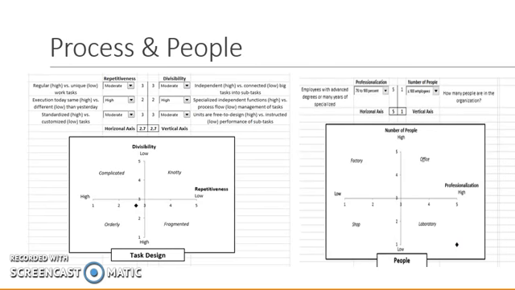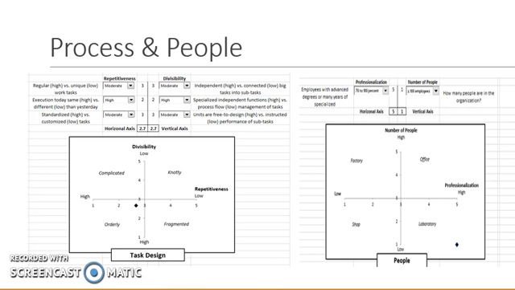Process and people, this is where I was talking about task design and people earlier. Here we are all doing relatively good. All of the points here line up with what we do within our organization. Nothing was really too much of a surprise as far as the task design goes. For people, we ended in the laboratory section mainly because of the few employees that we have.